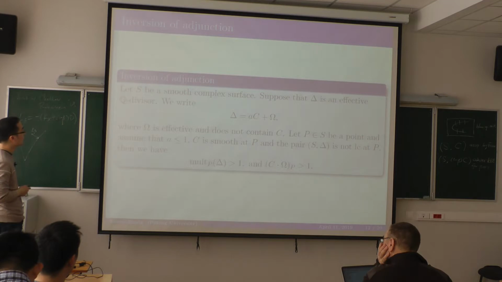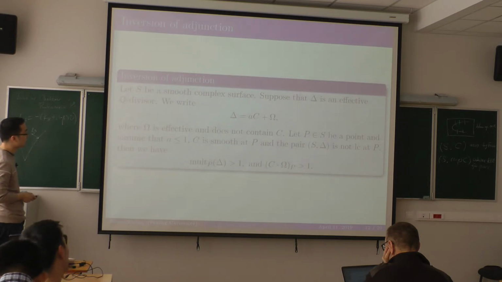So suppose we have this complex surface. Suppose we have an effective Q-divisor. If we can decompose this divisor into two parts, say C is some smooth curve, and a is a coefficient that is not bigger than 1. And suppose this pair is not log canonical at some point P. Then the inversion of adjunction says that first, the multiplicity of this divisor at this point has to be bigger than 1.